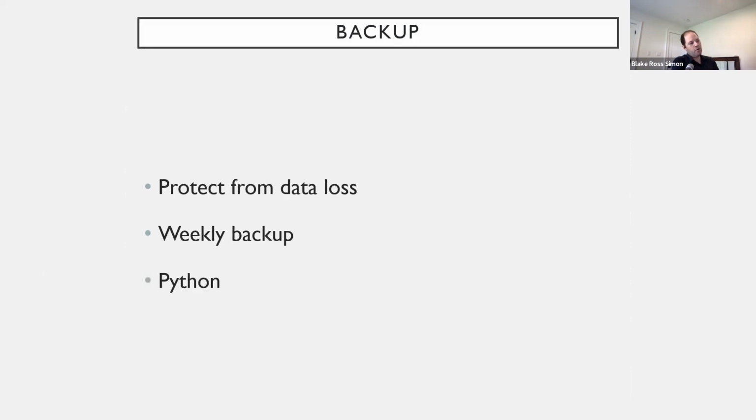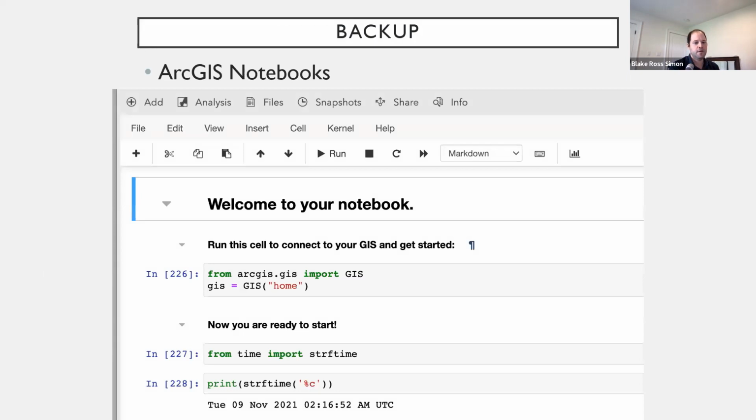The Python programming language offers the ability to automate tasks such as backup in the ArcGIS Online environment, in Notebooks. Notebooks is a web-based interface provided by Esri, and you can run Python scripts in ArcGIS Online. The final script that I created saves the current version of the hosted feature class within the center's ArcGIS Online folder.